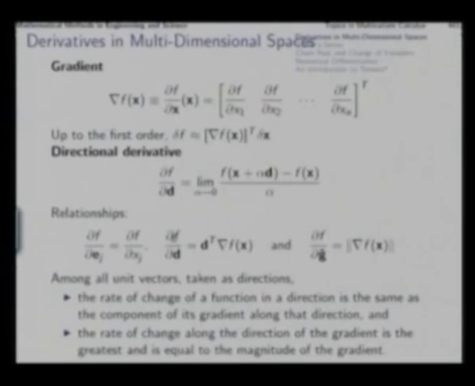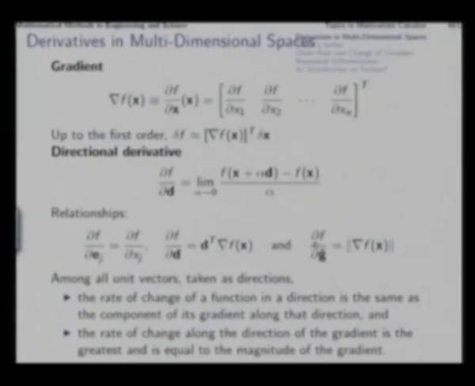And then you can also verify that the directional derivative with respect to a direction d turns out to be equal to the inner product of the vector d and the gradient vector grad f.